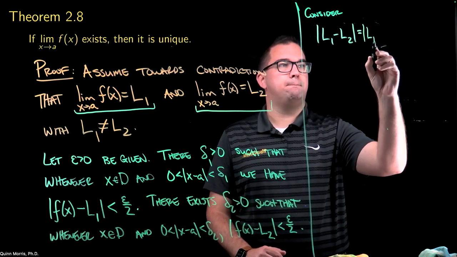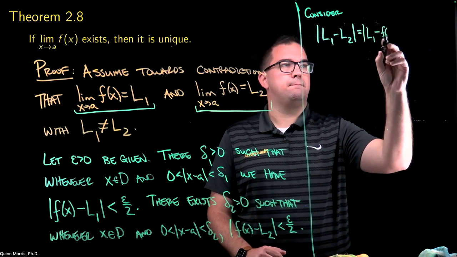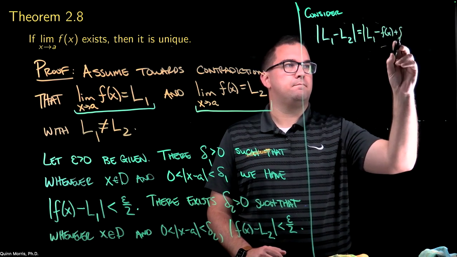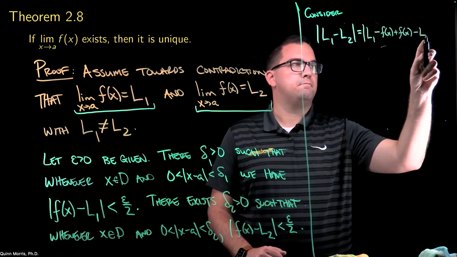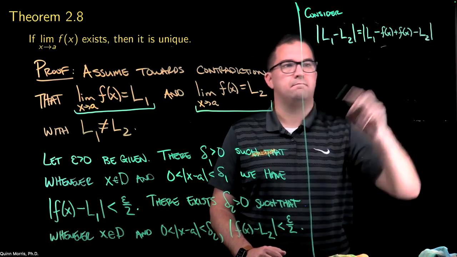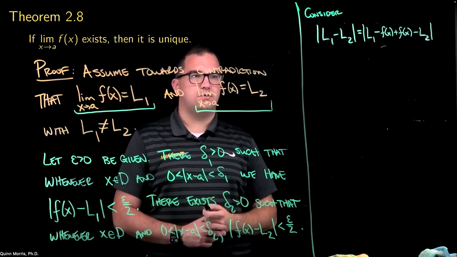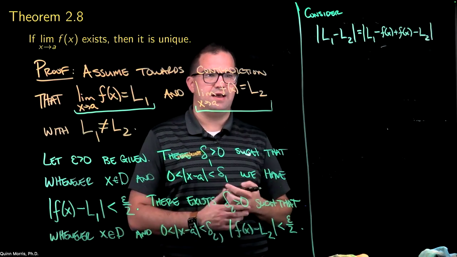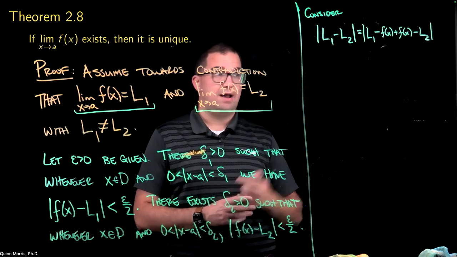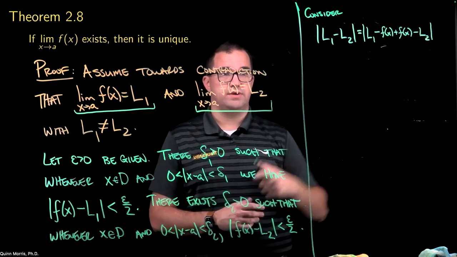So let me do that. Notice that in between L1 and L2, I've added and subtracted f of x. So I haven't changed the value of this, I've just re-expressed it.